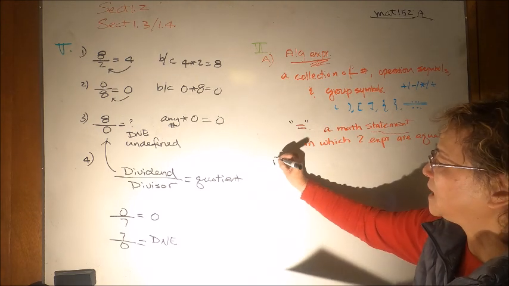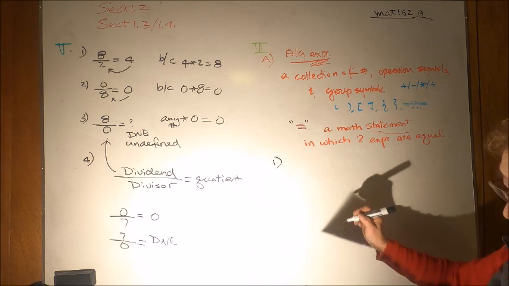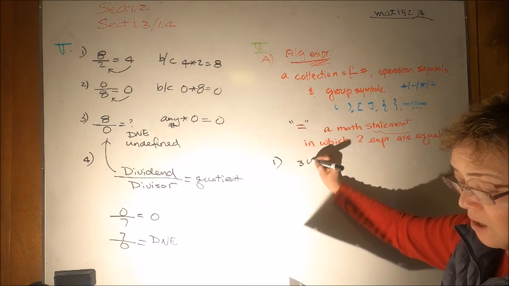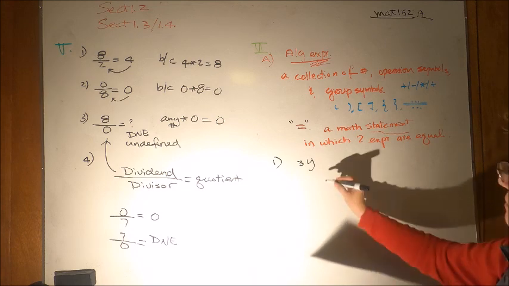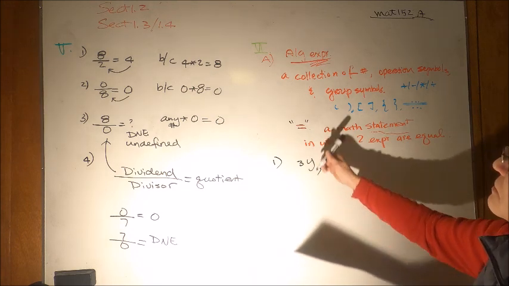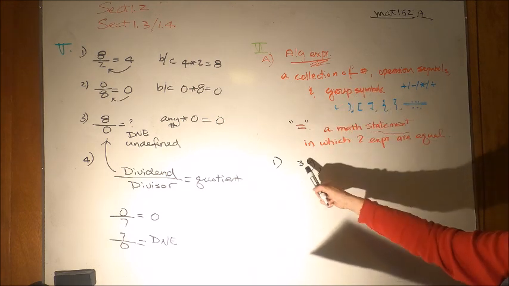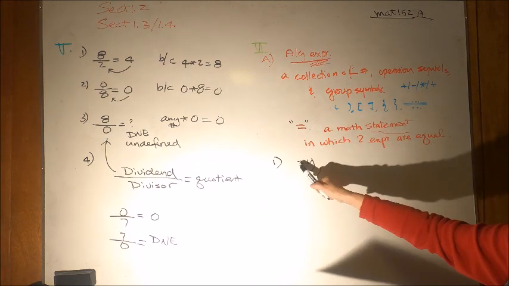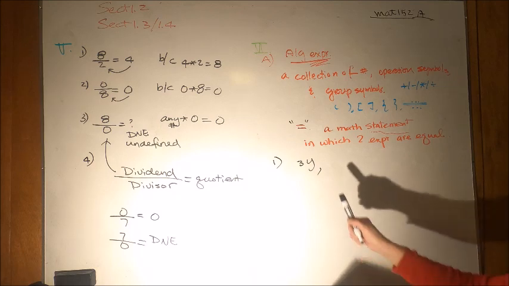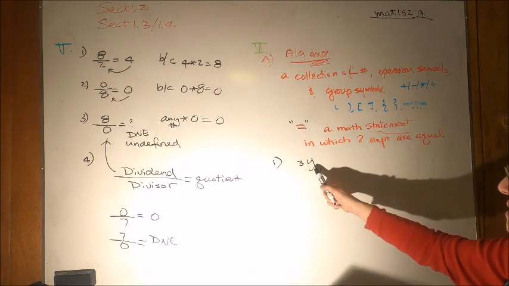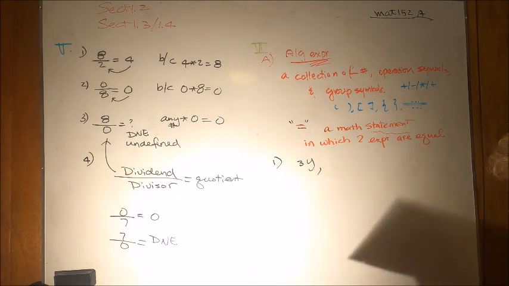So first we identify them, and if I have a 3y, what do you think? It's an expression, right? 3y means 3 times what? Variable letters mean numbers, right?